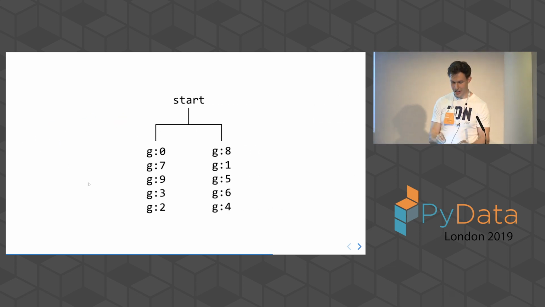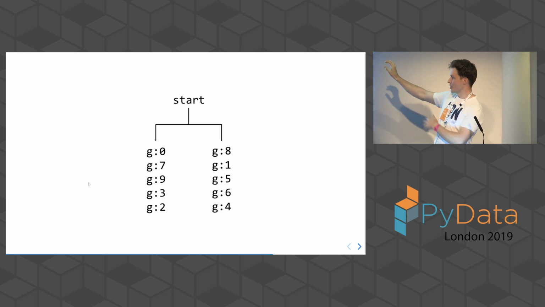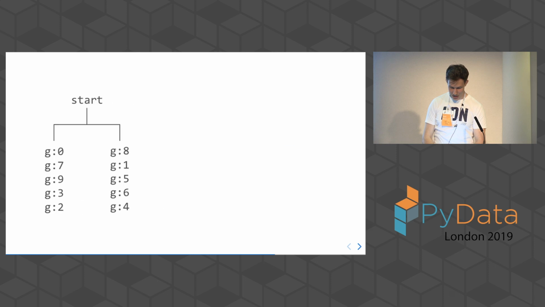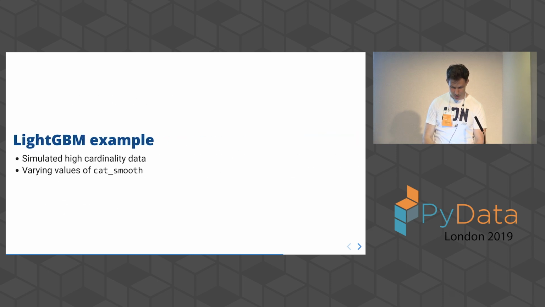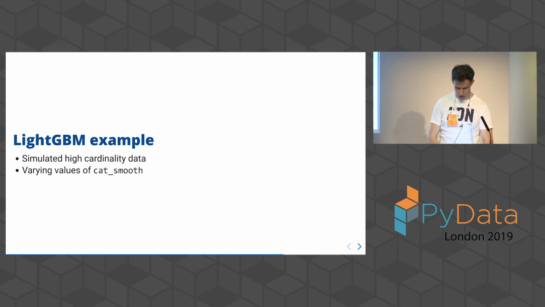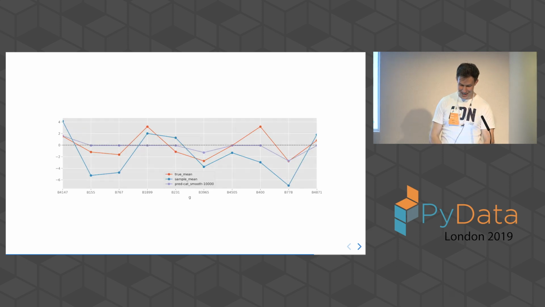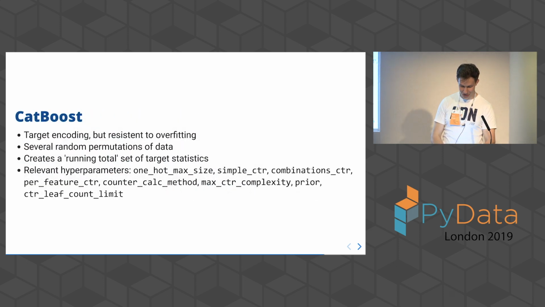But as opposed to one-hot encoding, you can do splits like this. I had a simulated example, which I'm going to skip through in the interest of time, showing how increasing the cat smooth parameter increased your goodness of fit.